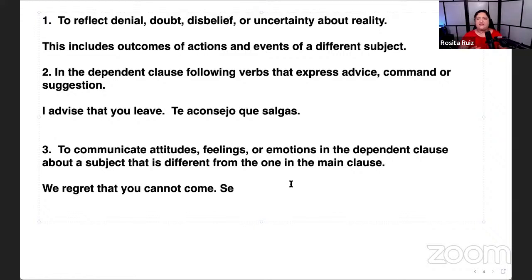If I said "lastimo que," I'm very sorry that, and then "que tú no vengas," you cannot come, then yes, because "lastimo" refers to me, the subject. But if I just said "qué lástima," it's like, dude, that sucks.